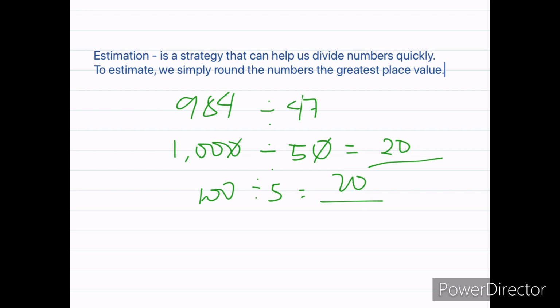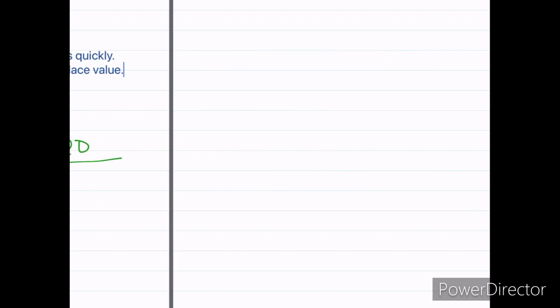Okay, let's have another example. Like for example, we have 385 divided by 21. So again, using estimation, estimate natin siya. 385 will become 400. 400 divided by si 21, pwede natin siyang gawing 20.